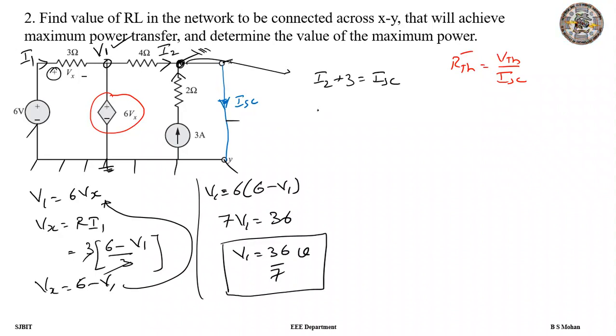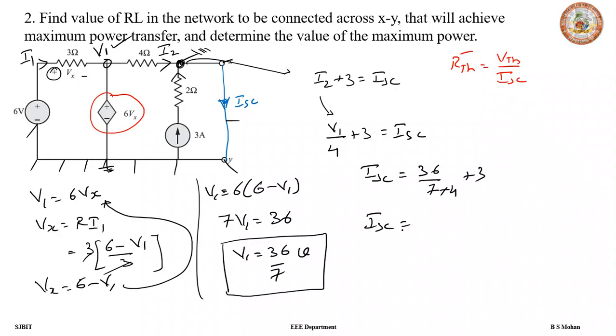And what is I2? By nodal, I2 is simply V1 by 4. So ISC is 36 by 7 into 1 by 4, plus 3, and thus we get the value of ISC as 30 by 7.